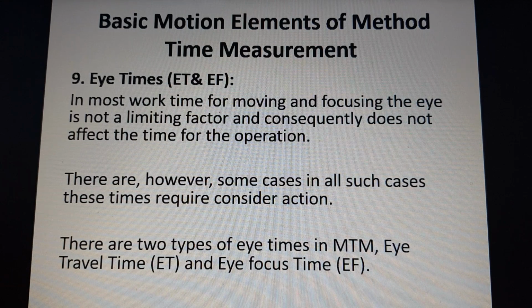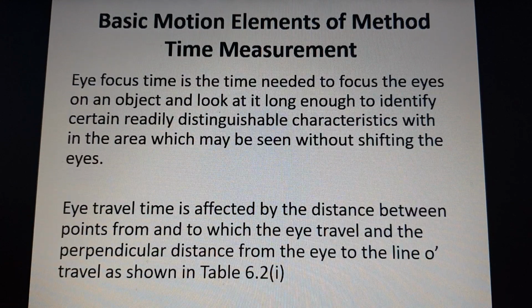These 2 times, basically, one is when you're focusing. The eye travel is when you're traveling your eyesight in order to see a certain point, and the eye focus is basically when you're searching for something.